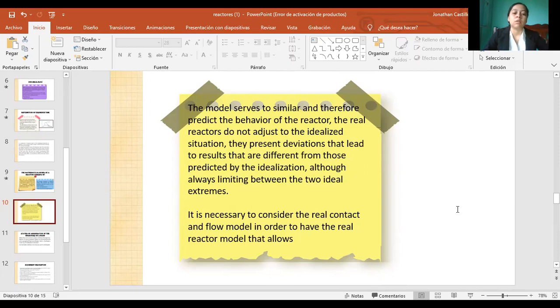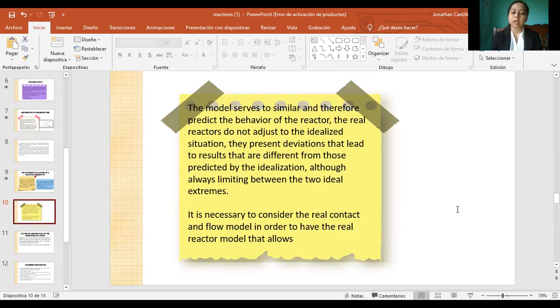Real reactors do not adjust to the idealized situation. They present deviations that lead to results that are different from those predicted by idealization, always lying between the two ideal extremes.